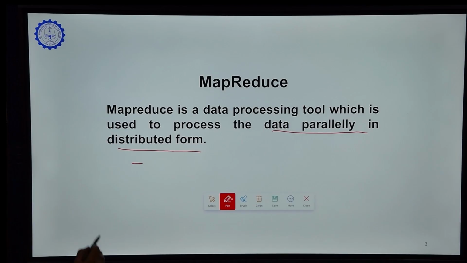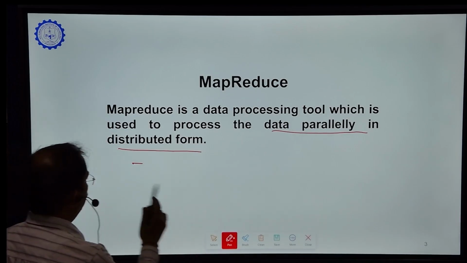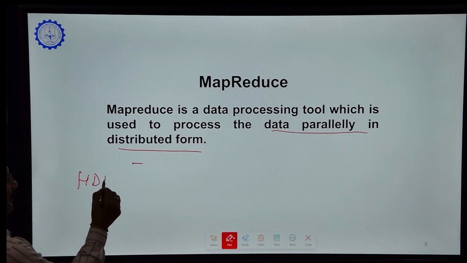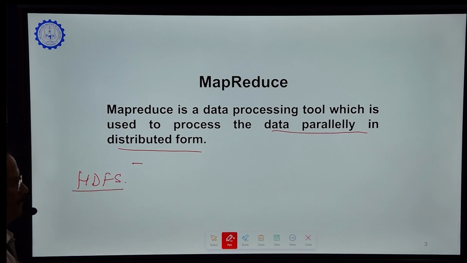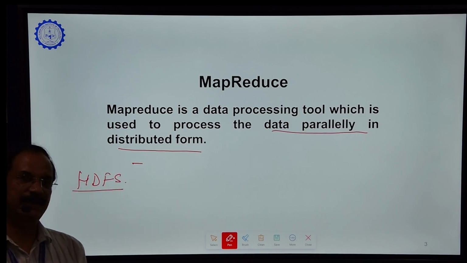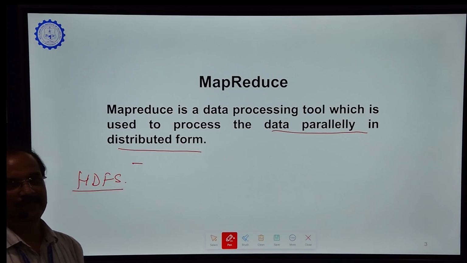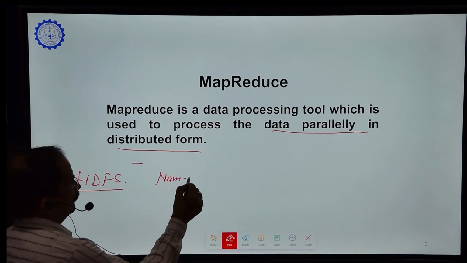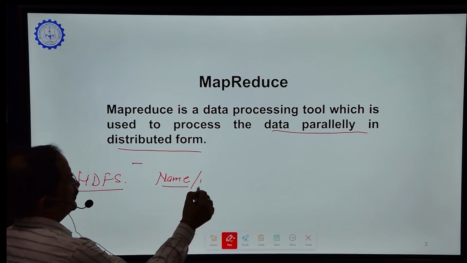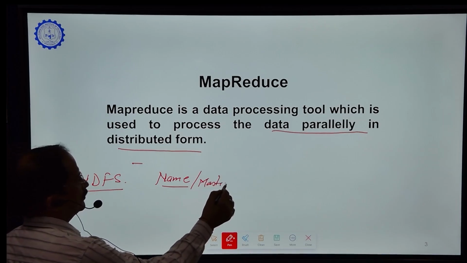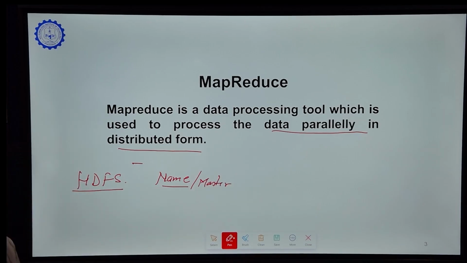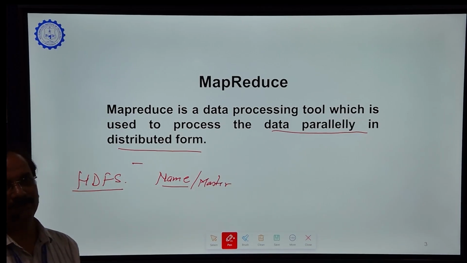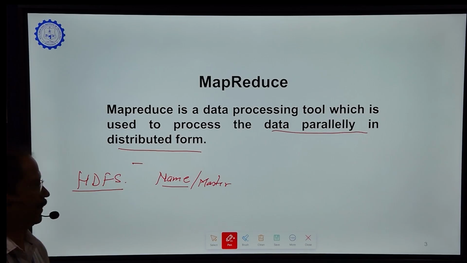As we know, in the HDFS the data is stored with respect to the name node and the data nodes. The name node, or you can say the master node, coordinates all the data nodes.